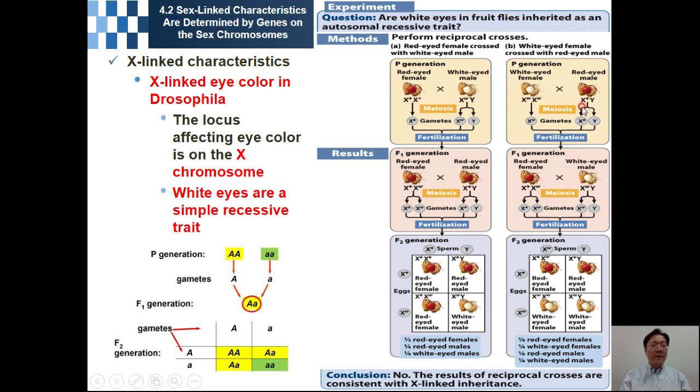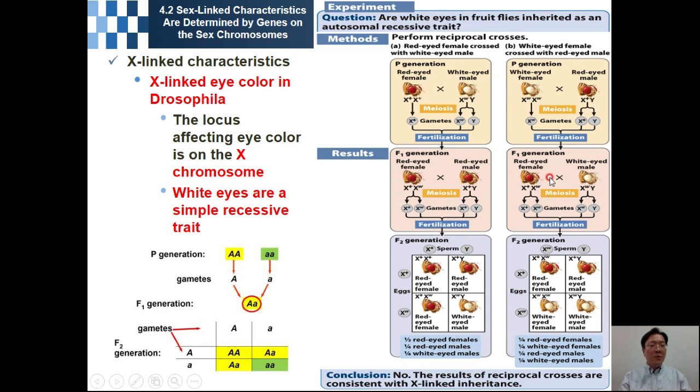This is the white-eyed male case, and this is the white-eyed female case. If the white gene were located in the autosome, the F1 generation would not show the recessive phenotype, but they found the recessive phenotype in the F1 generation.